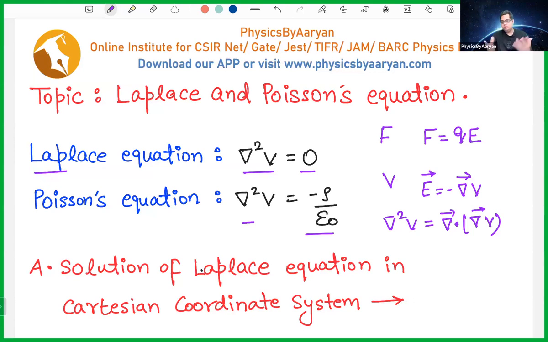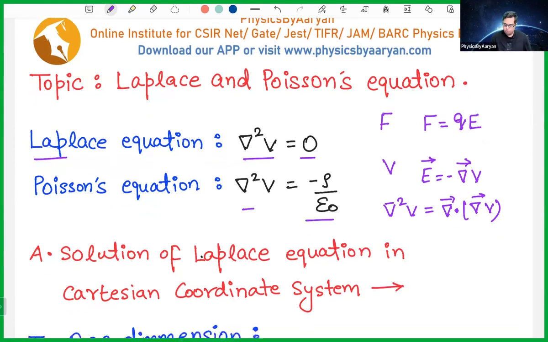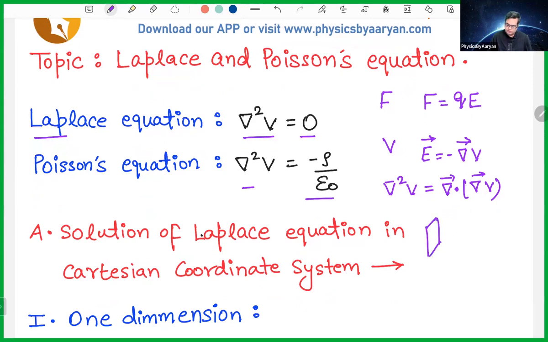When your space does not have any charges, let's say you have two charged plates. This plate has a plus Q charge and this plate has a minus Q charge. Between these two plates, there is no charge. So if I'm trying to find the potential between these two plates, then I do not have any charge between them. So I will use Laplace equation where I will say del square V equals 0.